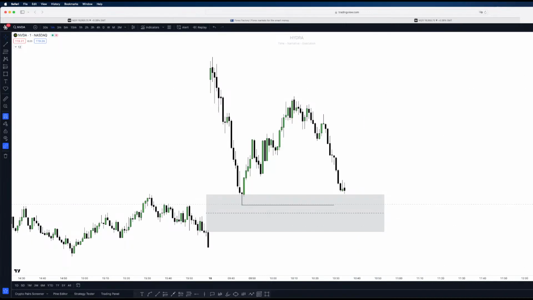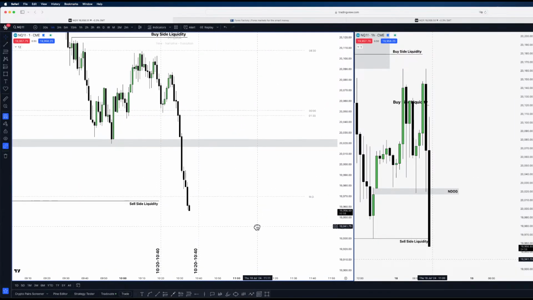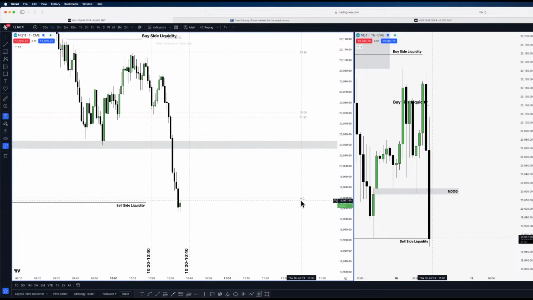Let's see, going to put an alert here. We have taken the sell side, expecting support, trading below monthly opening price.